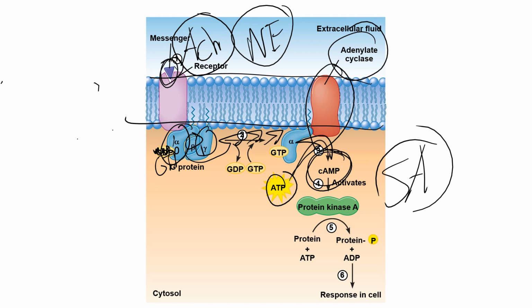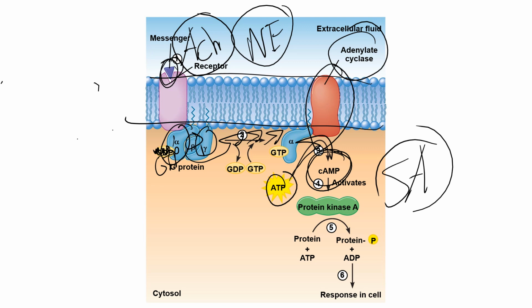Cyclic AMP is the second messenger of this G protein pathway. This particular G protein pathway is often called simply a cyclic AMP pathway. People that study this, if you say the cyclic AMP pathway, they'll know exactly what you're talking about.